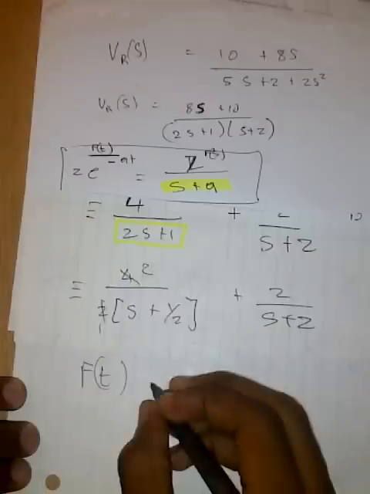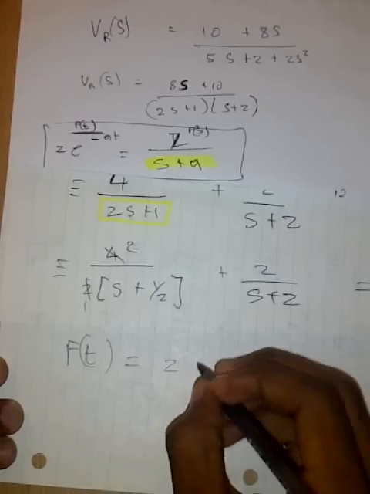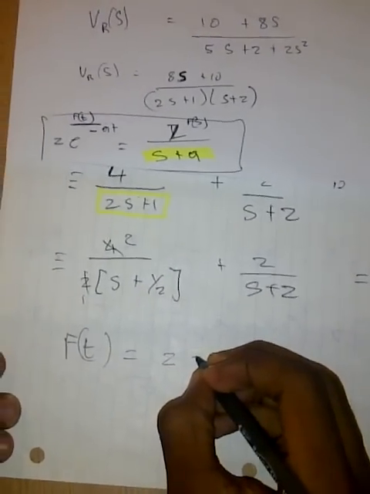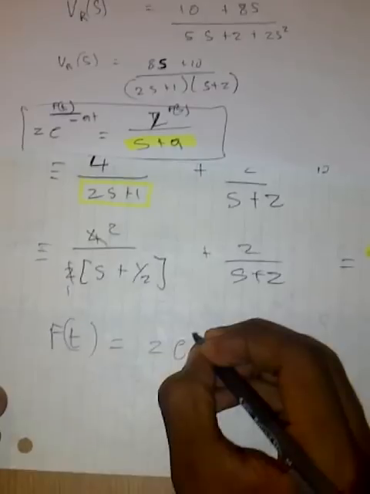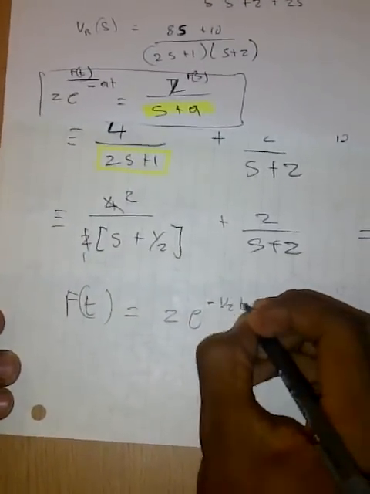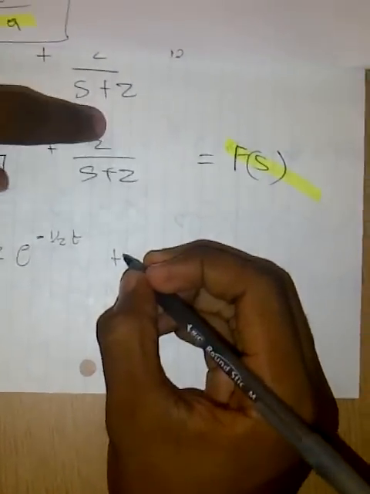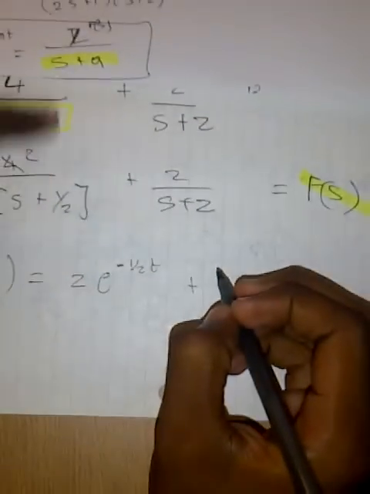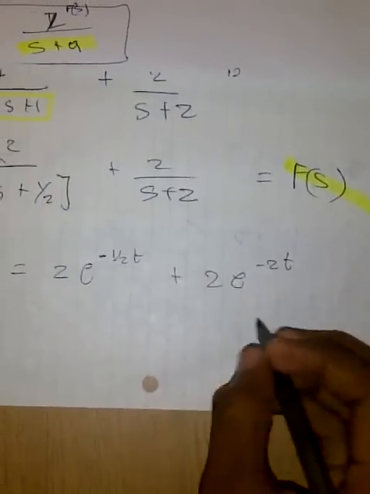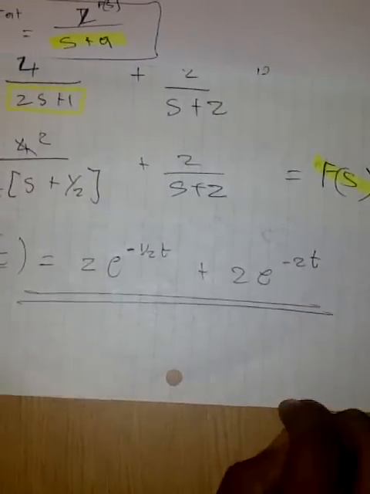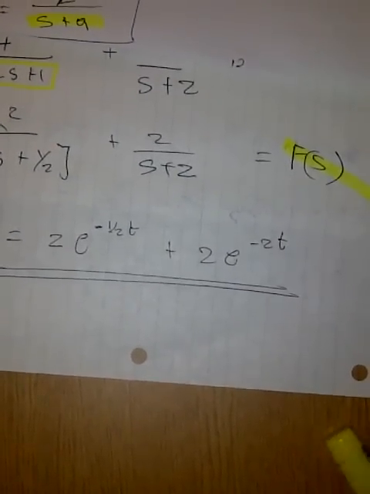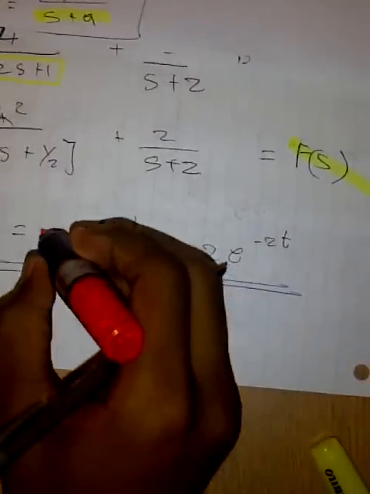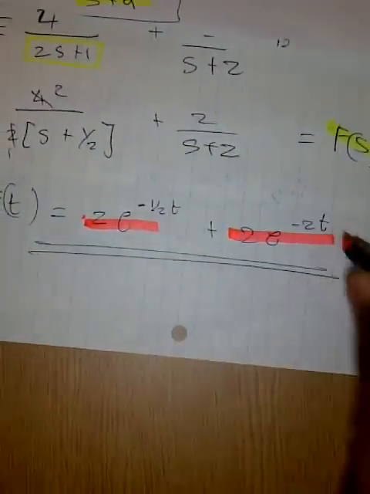For the first part, this is equal to 2 e to the minus half t, plus this one now, a is equal to 2, so 2 e to the minus 2t, and this is the answer in f of t, and that's the Laplace transformation that we're going to use today.